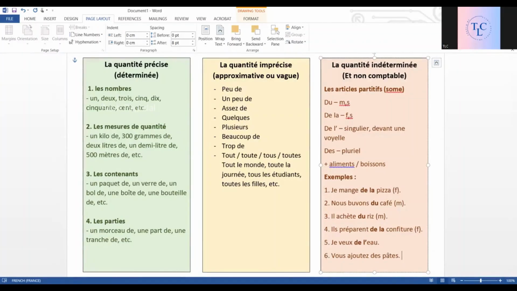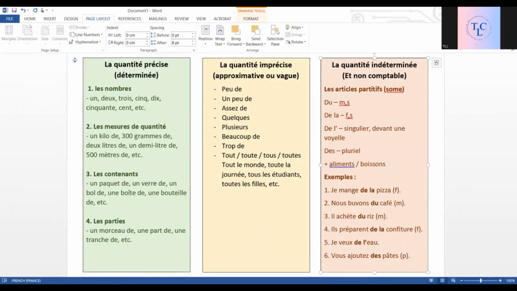You add pasta. So ajoutez and des pâtes. Pâtes is plural, so we use des. You add some pasta or you add pasta. That's how we talk about all these things.